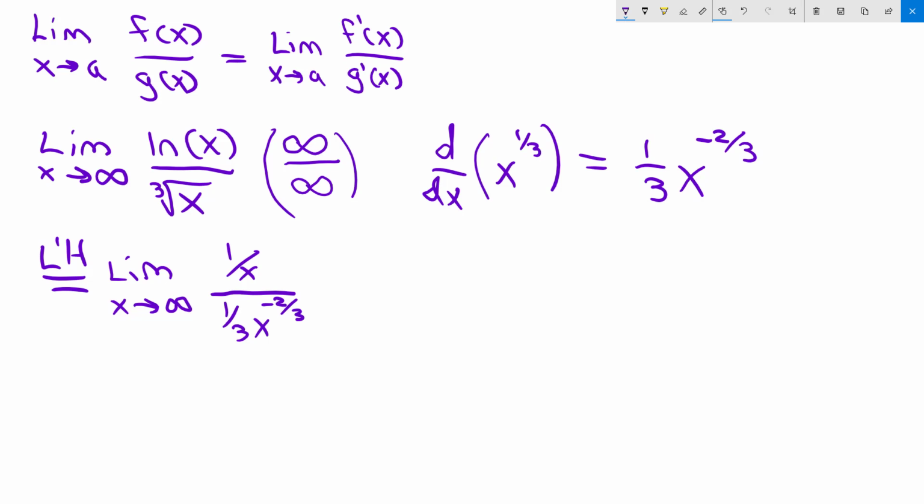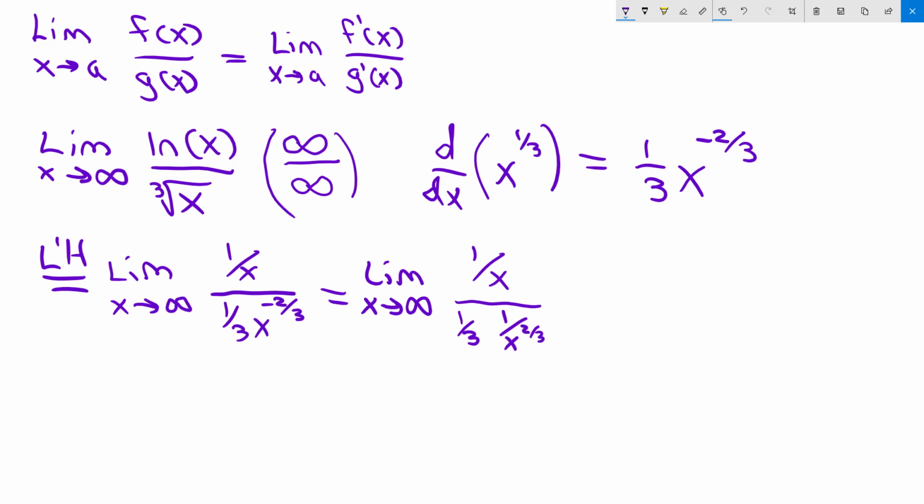So now we look at this and ask the same thing, what are we looking at now? Well, as x approaches infinity, maybe it helps to rewrite these expressions with positive exponent form. So we're still going towards a very large number. I can still leave the numerator function as 1 over x. For the denominator, that's 1/3, and then that's 1 divided by x to the 2/3.